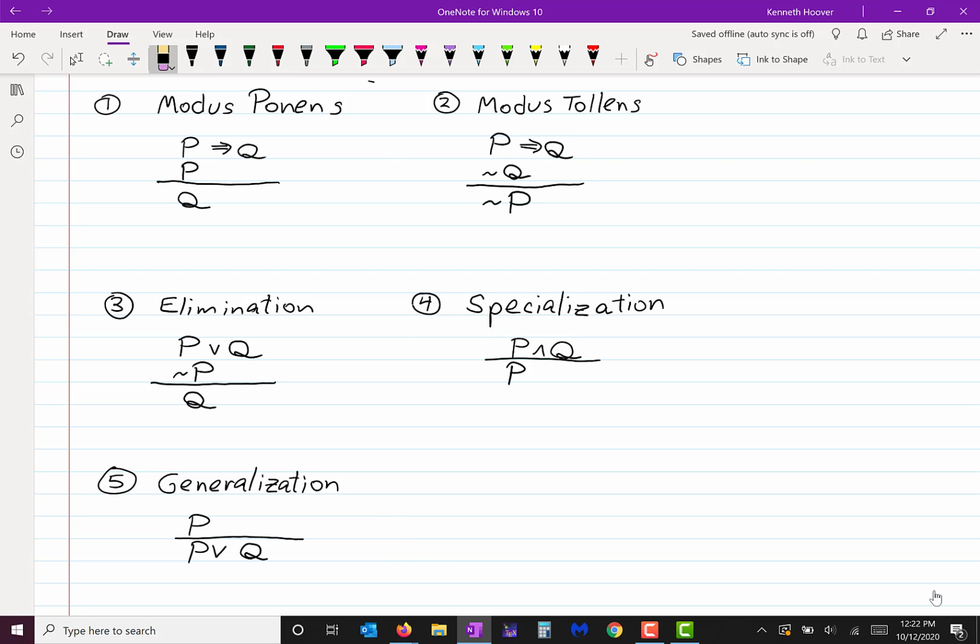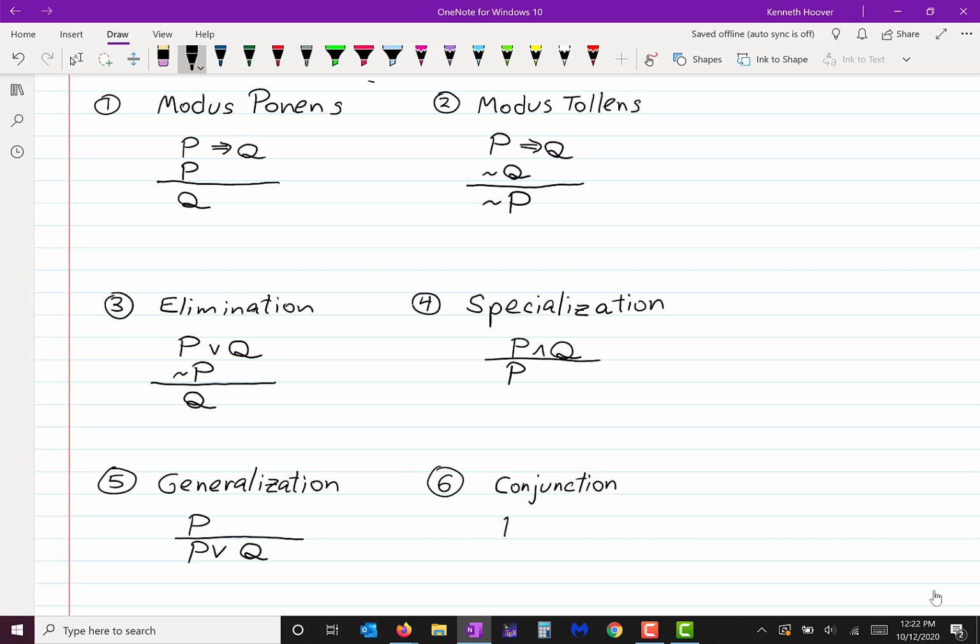What if you wanted to conclude P and Q? If you had P, would that be enough to conclude P and Q? Or if you had Q, would that be enough? Neither one would be enough, right? In order to conclude P and Q, you would need both P and also Q. And that rule of inference is called conjunction.